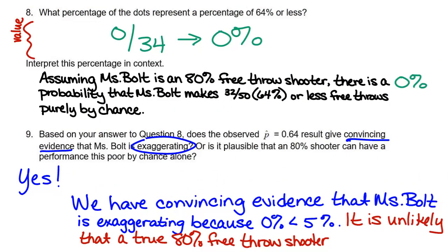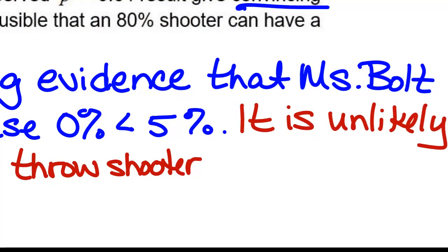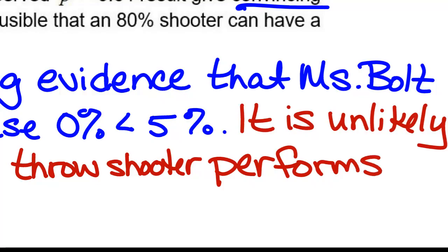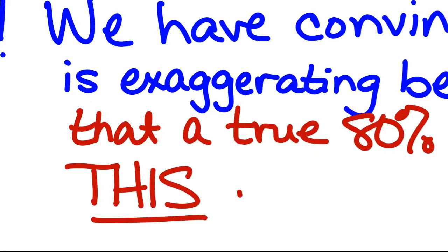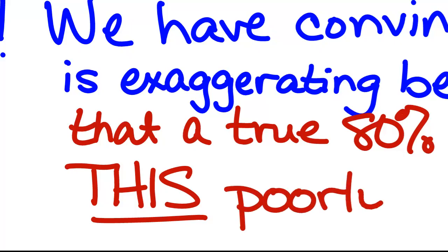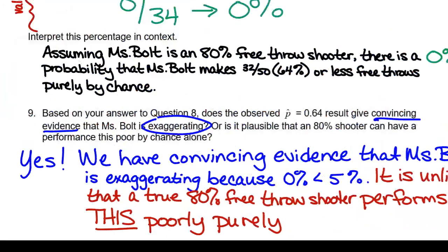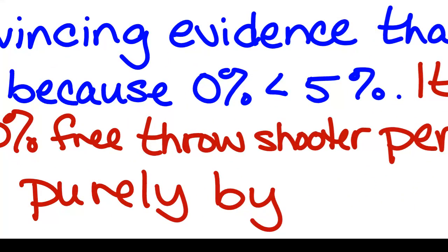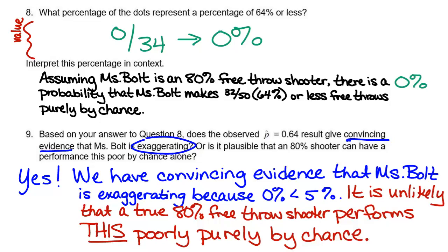I'm going to scoot all my stuff up a little bit higher because I ran out of room. It's believable that an 80% free throw shooter has a bad day, right?